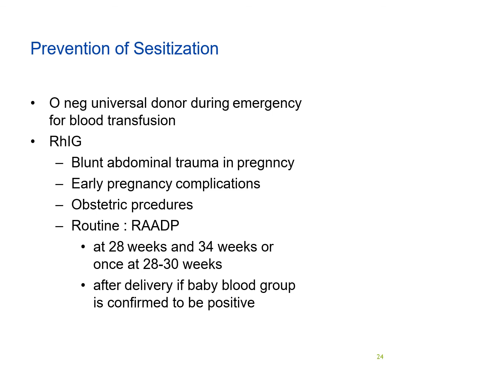So routine antenatal anti-D prophylaxis should be given to all Rh-negative mothers, regardless of any sensitizing events. In the presence of any sensitizing event, we should give the anti-D, and we should give it routinely to any pregnancy in which the mother is Rh negative, either 2 doses, at 28 and 34 weeks, or just a single dose at 30 weeks.